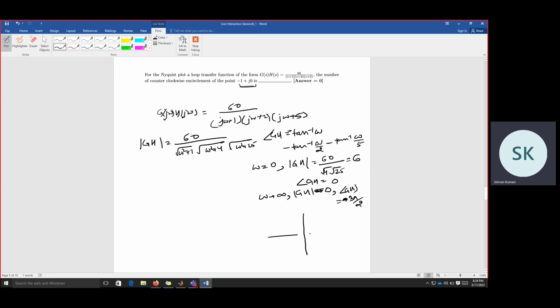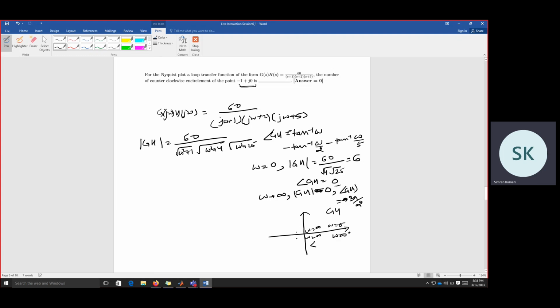So if we see the Nyquist plot in the GH plane, it will start from some point at angle 0 degree, and then it will go like this. This is at omega equal to 0, this is omega equal to infinity, and then we have a mirror image with omega equal to minus infinity, and minus 0 minus, this is 0 plus.